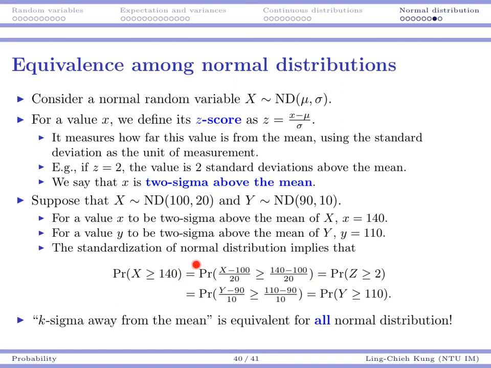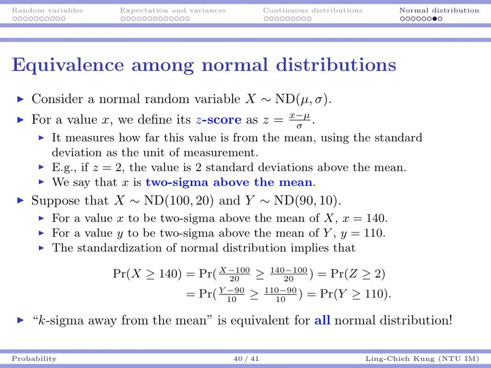So we can see this equation is indeed true because we are doing the same thing to the two sides of the greater than or equal to. And that just means what? The left-hand side can be expressed as a normal random variable, and the right-hand side can be expressed as 2, because that's the outcome of the equation.